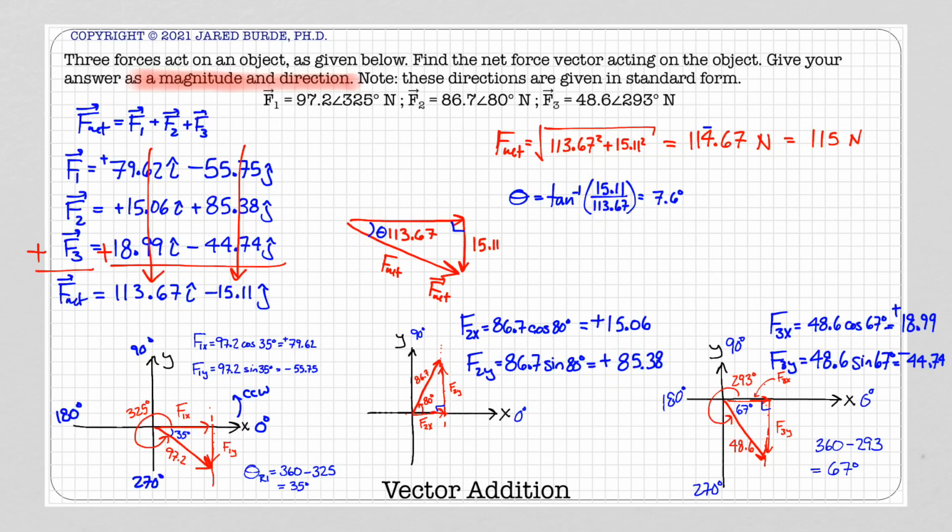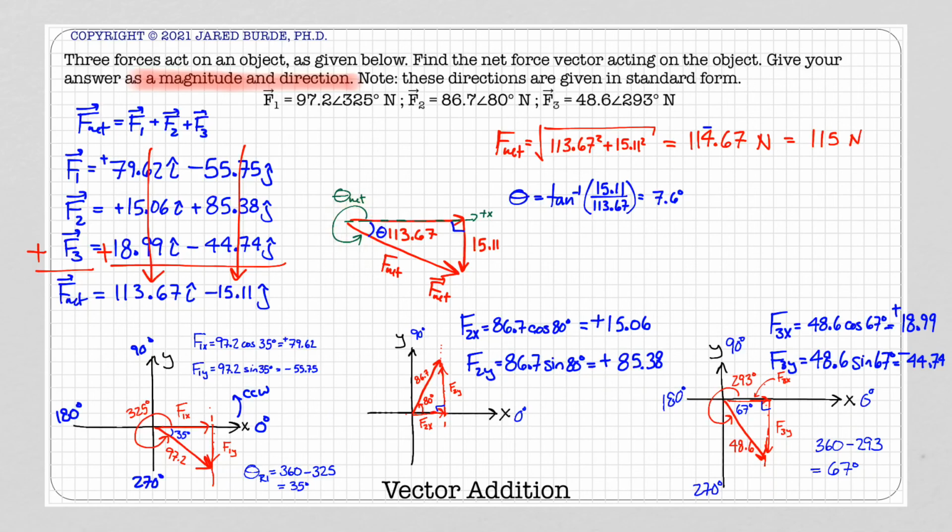That's most of the way there. But remember that we want our angle in standard form. So we would measure from the positive x-axis. We would measure counterclockwise. So that would be the actual angle for our net vector. And we can see that this angle here plus our 7.6 degrees is going to give us a full circle of 360.